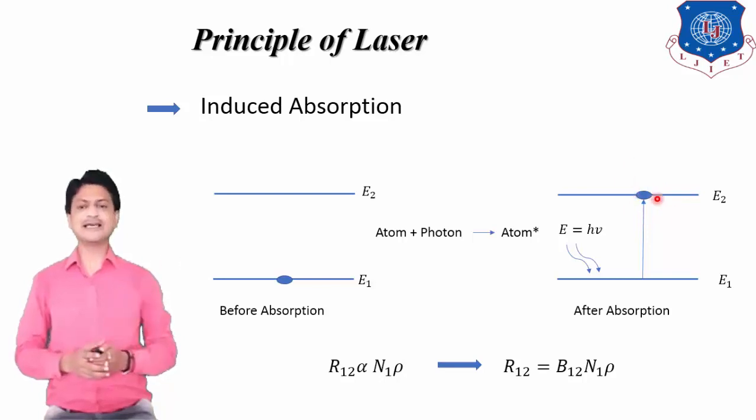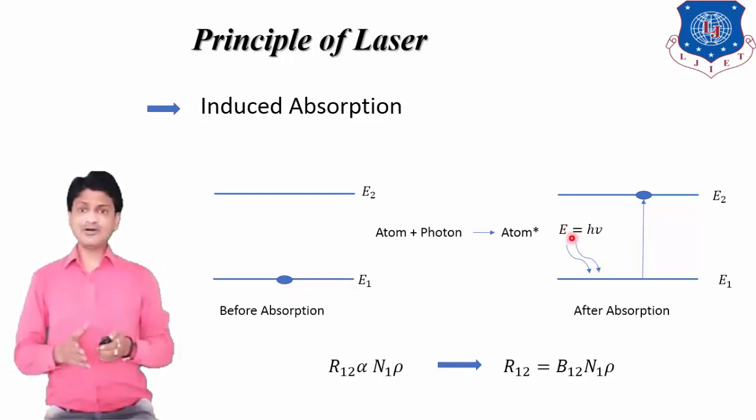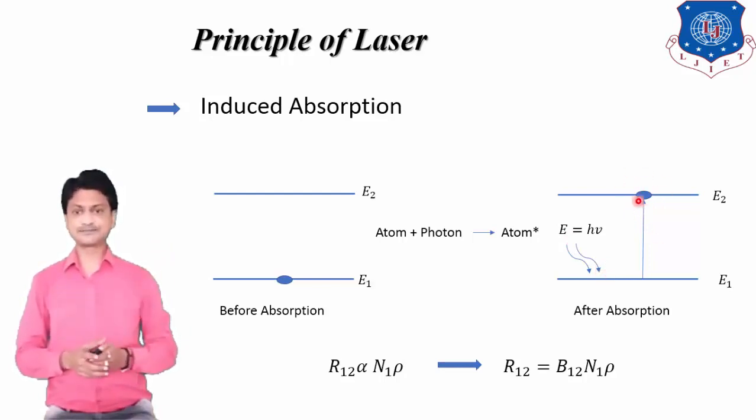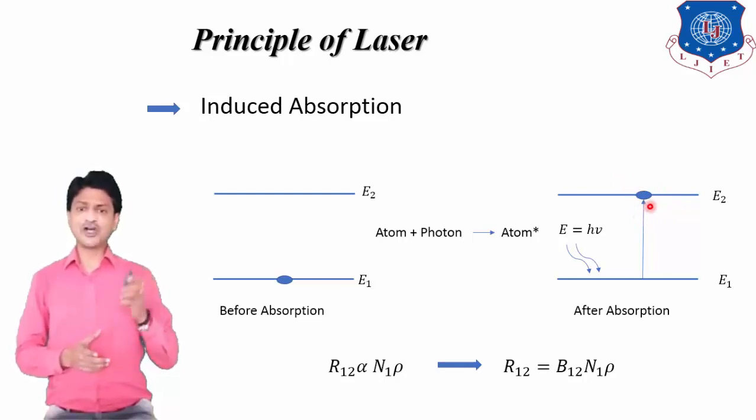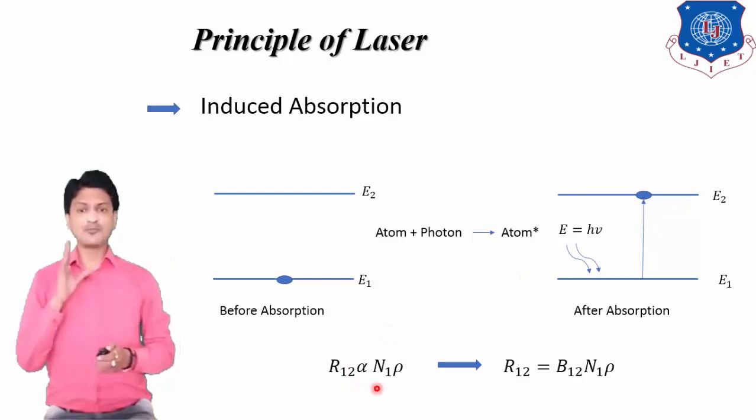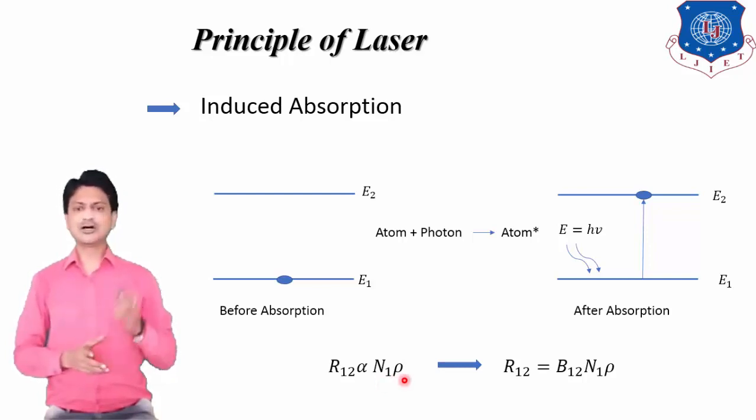Here we can say that before absorption, the atom is in the lower energy state. But if we apply an external photon to that atom in the lower state, the atom absorbs that photon and gets excited to the higher state. Here, the rate of absorption R12 is proportional to the population of lower energy level N1 and to the density of incident radiation rho.